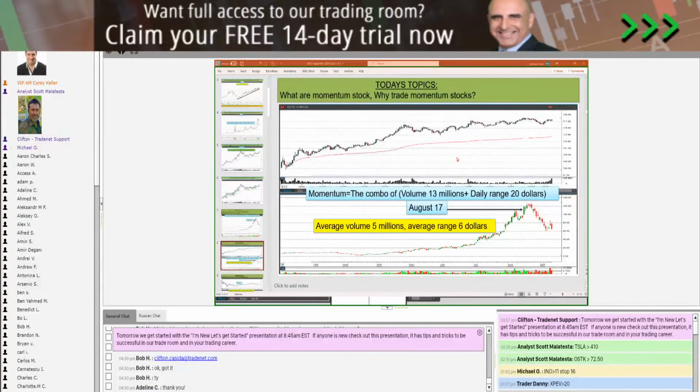Now, how easy is it to find OSTK on, what was the date? August 17. How easy is it to find OSTK and trade it on August 17? How can you find it?